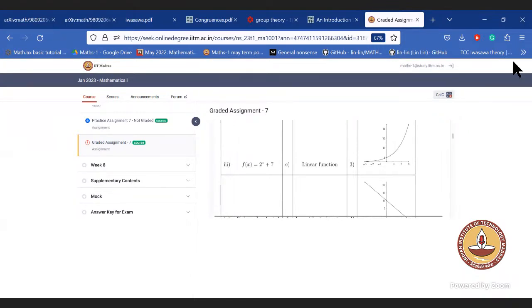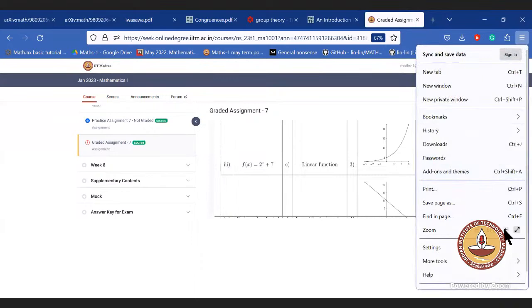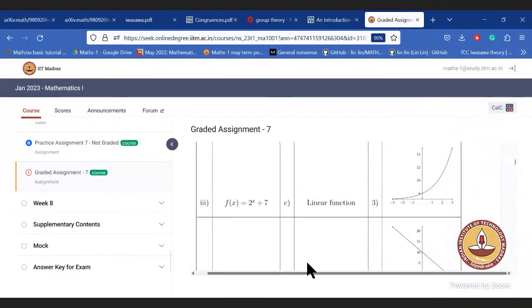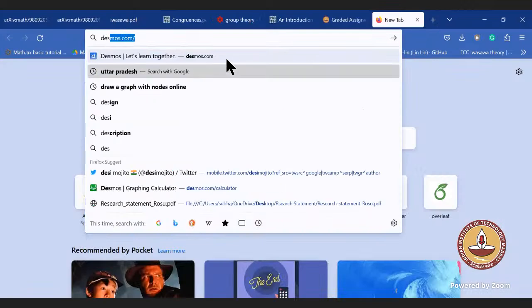See, the problem is with the magnitude, in some sense the scaling of this graph. If you put it in Desmos, you will get something slightly better.